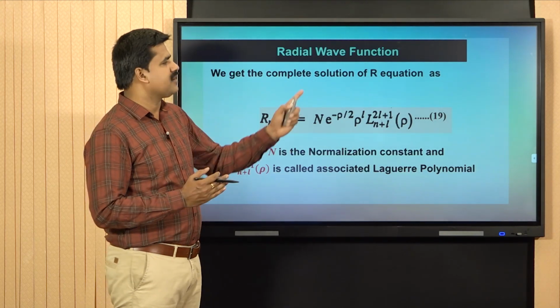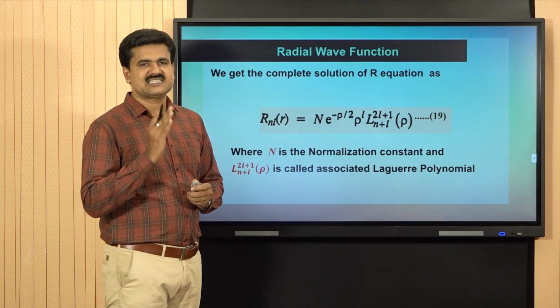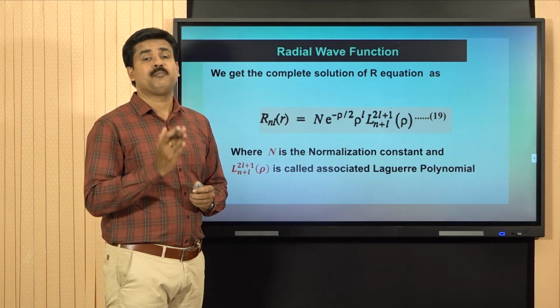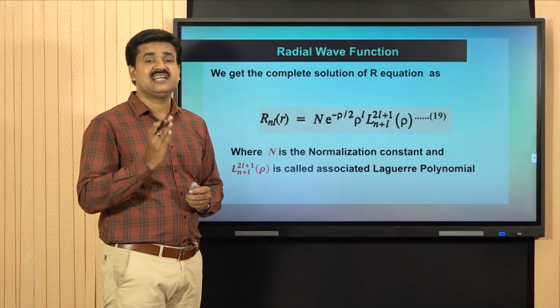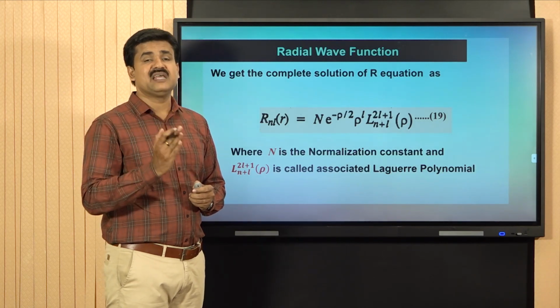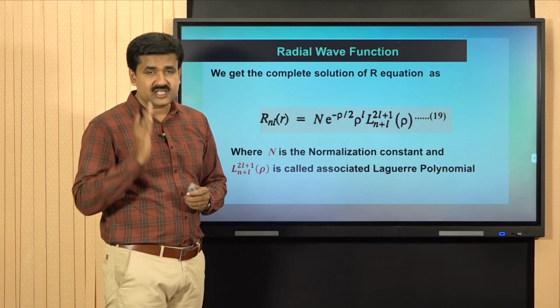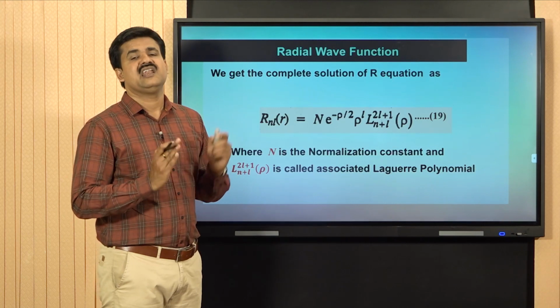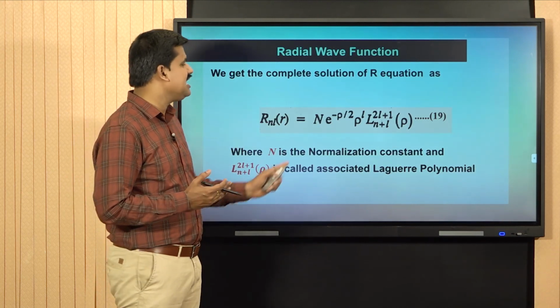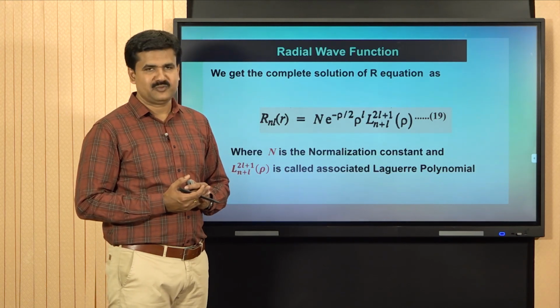That means from equation 19, it is clear that the radial part of the wave function, the complete solution of the R equation, is given in terms of Laguerre polynomial, or simply associated Laguerre polynomial.